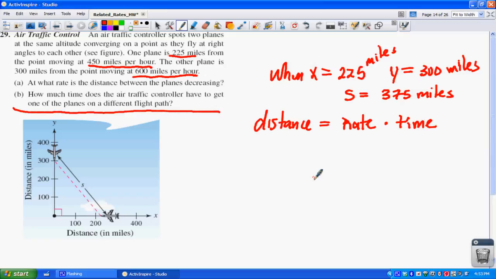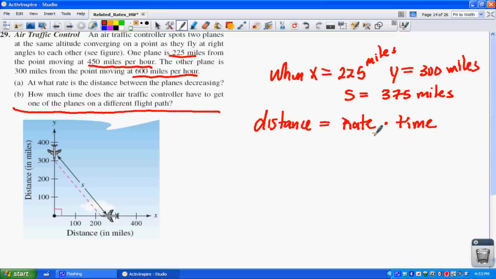Well, if you don't, that's what you should be using. The question is asking how much time the air traffic controller has, right now at this point in time when x is 225 and the other plane is 300 miles away and the distance between them is that, from this moment on.